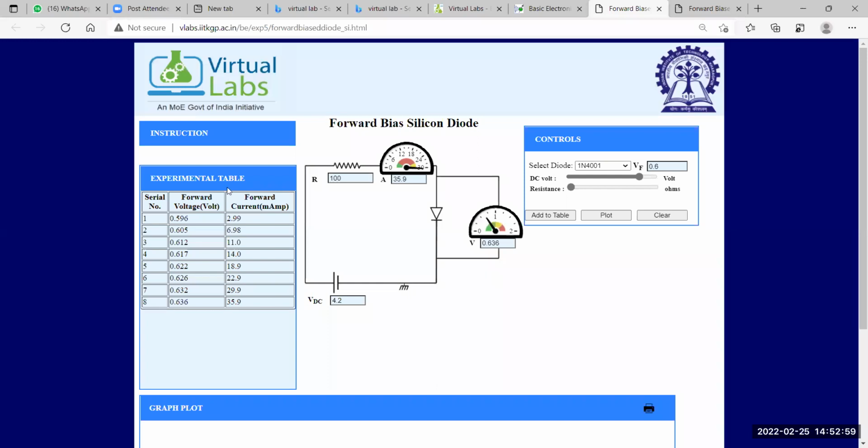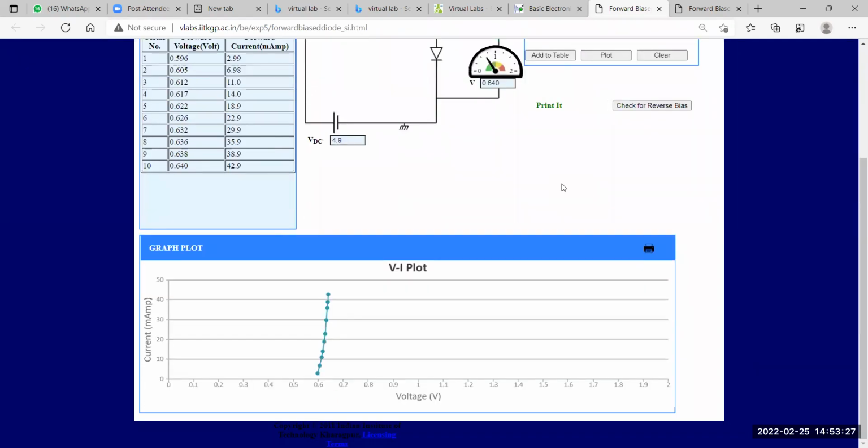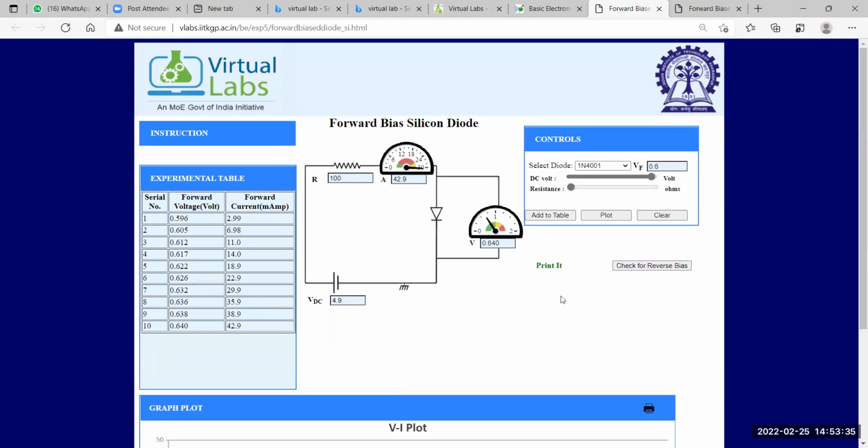When we have completed the experimental table by taking 8 or 10 results, then we have to see the relationship with the graphing plot. Okay, so you must see here, and first we have to know what the cutting voltage is.